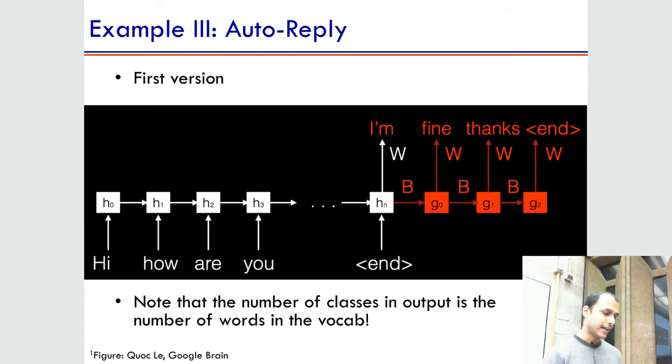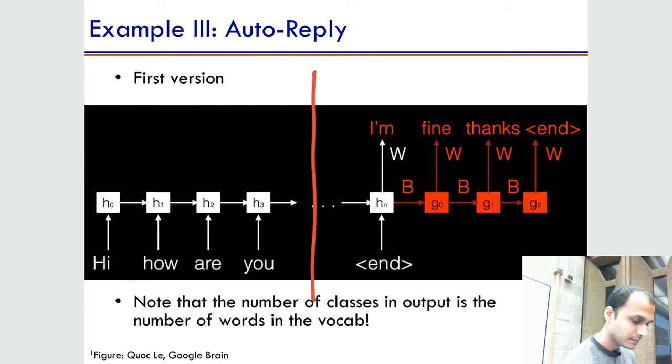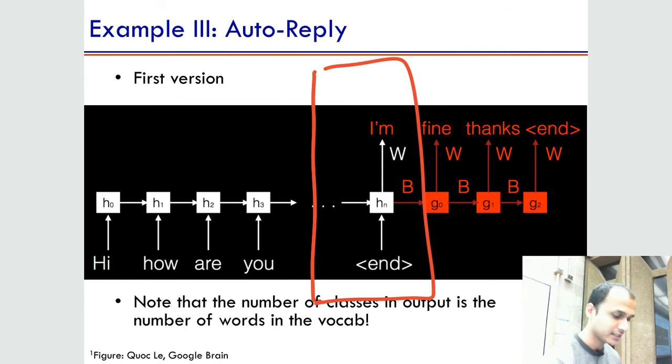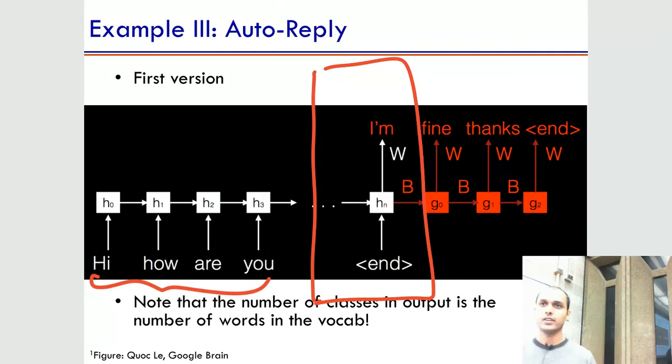It's going to be a departure from the RNN architectures we have seen so far, in the sense that there's going to be two parts to this problem. First, I'm going to pass in all the input words.